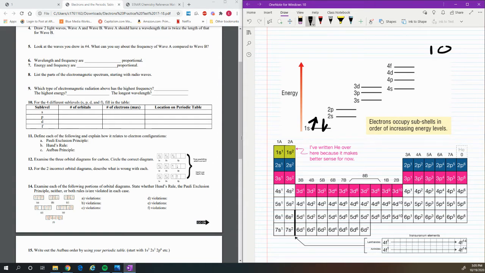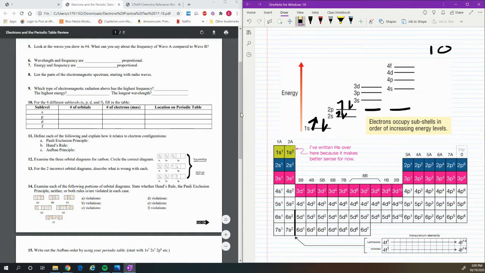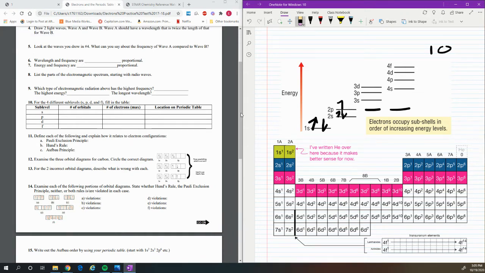And then the last rule is Hund's rule. So 2s, I know we'll have that. 2p really has 3 sections. 1, 2. Oh, see, there I made the mistake. I didn't follow Hund's rule. And Hund's rule is this.